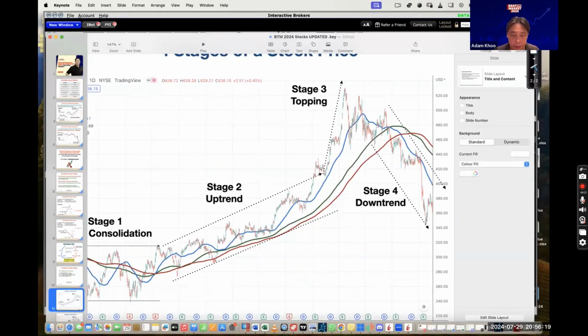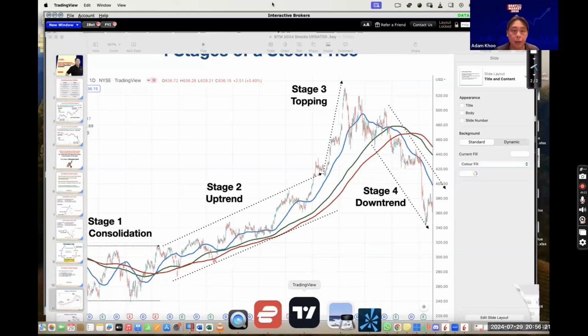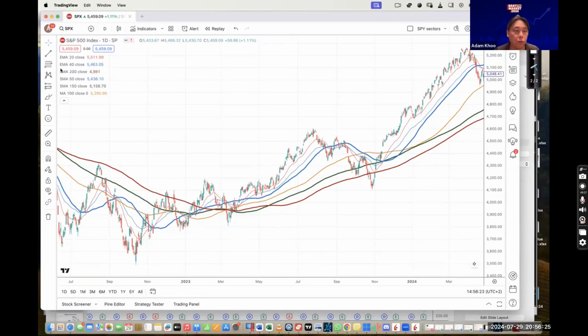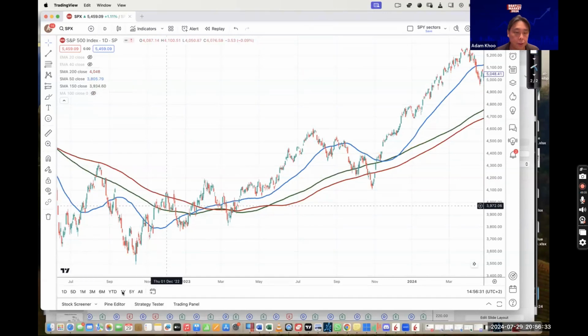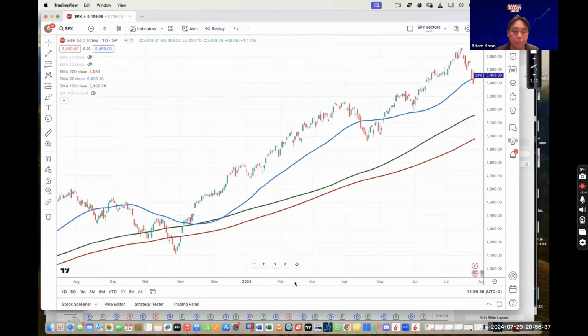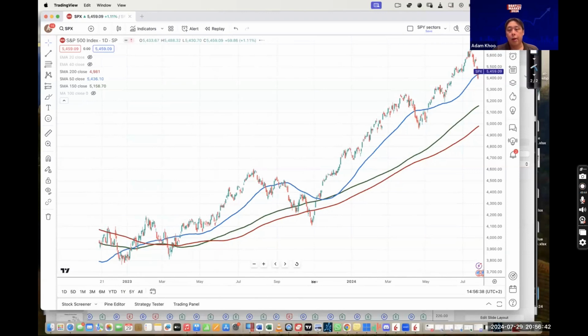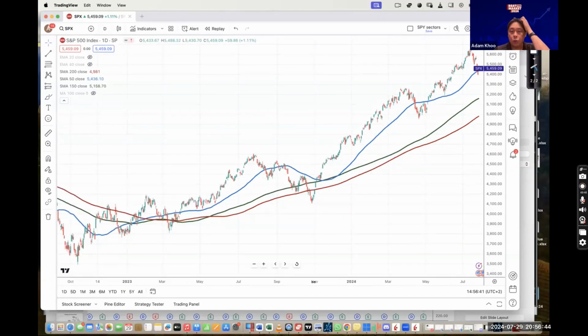Here is the S&P 500, and I've put in a lot more moving averages, so let me hide the rest so it's not too confusing. So you tell me, what stage are we in right now? Is this stage 1, 2, 3, or 4?